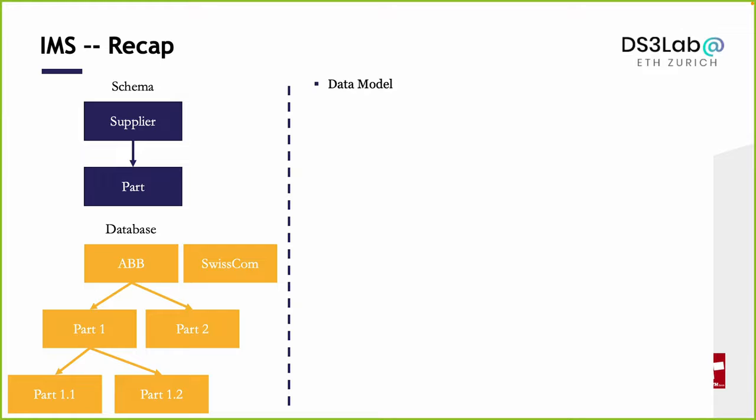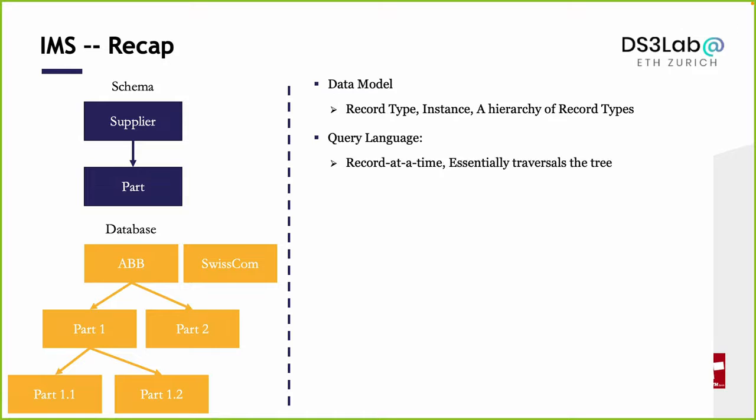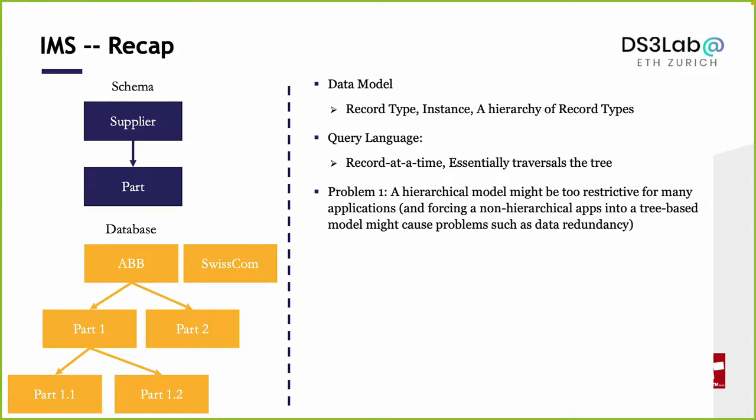So this is actually one collection of limitations that we have about the hierarchical model, right? So just to recap, you think about the data model like this. You have a whole bunch of records, a whole bunch of instances of record. The database is a hierarchy of those records. Your query language is a record at a time, where you try to traverse the tree, right?